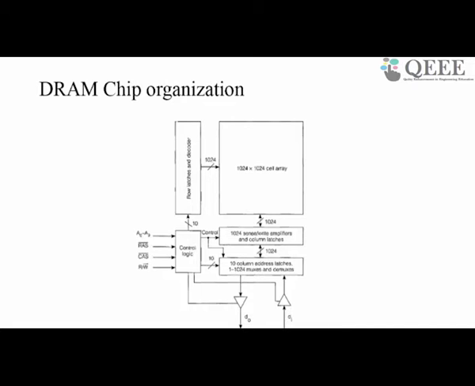In the same manner, if you want to write a particular bit, having got the entire row into this register, we select a particular bit using this 10-bit column address, and a 1 to 1024 demux is used to write the data provided in D1 to the particular bit. So reading and writing can also happen using this kind of circuitry.